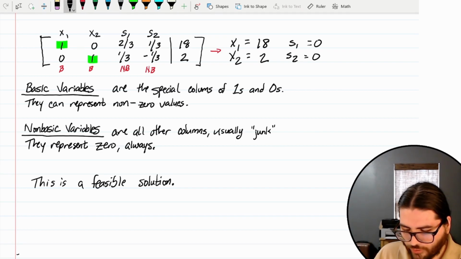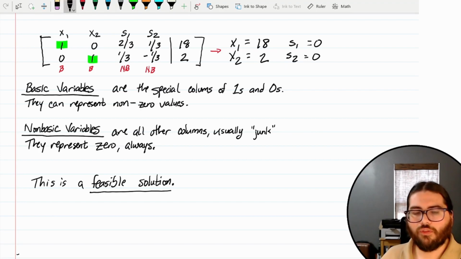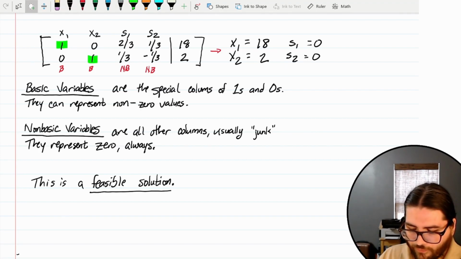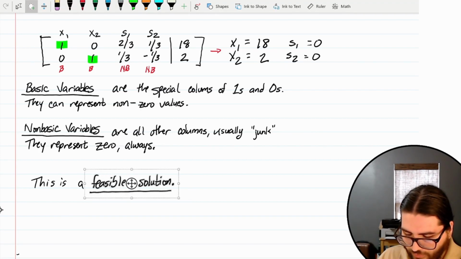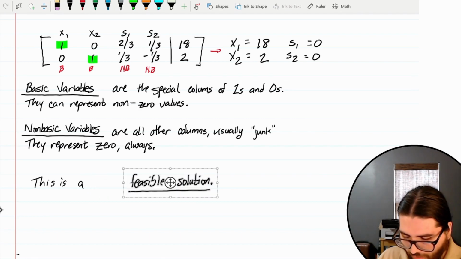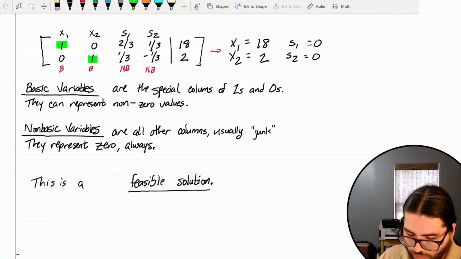I believe if you were to search on the internet, you might find some textbooks call this a basic feasible solution. So I'll make sure to call it that as well.